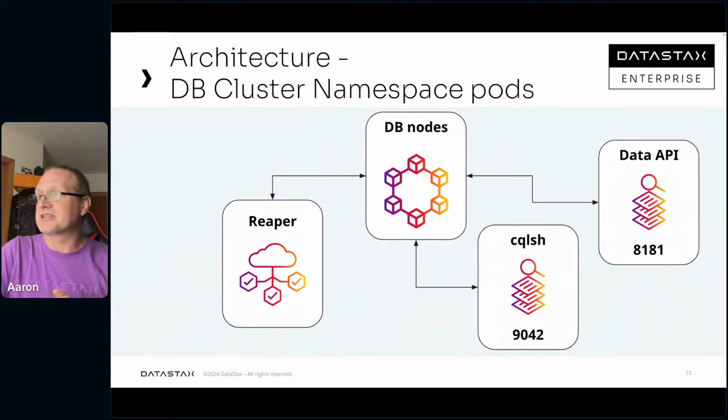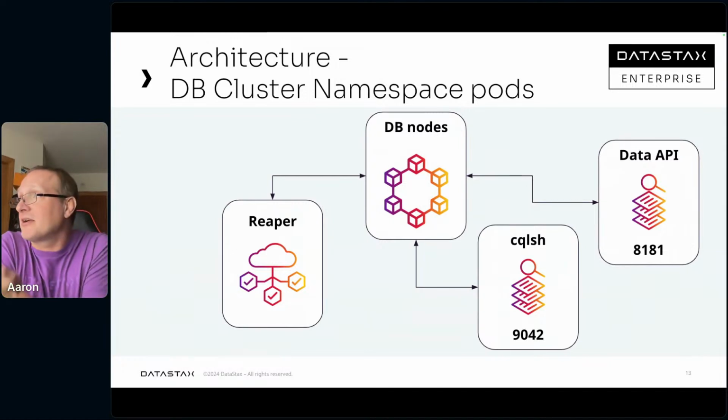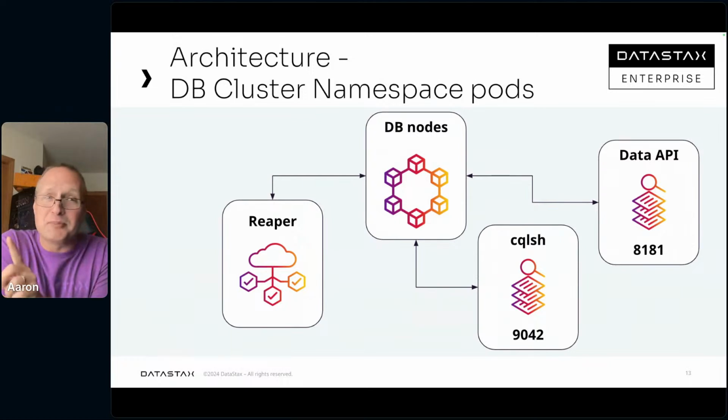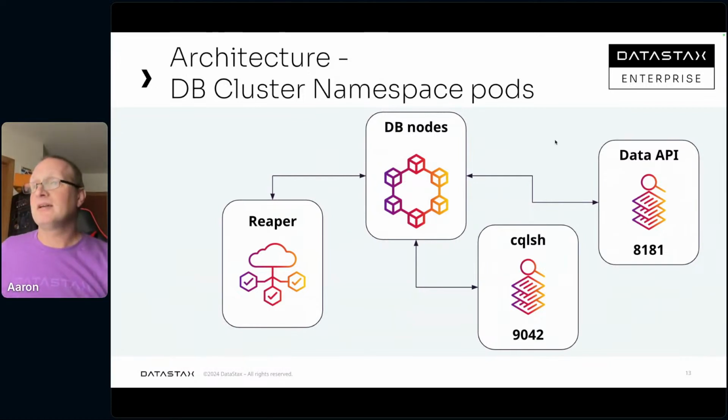You'll also get pods for Cassandra Reaper, which helps with repairs, one for the CQL shell process, and if you deploy DSE or HCD, you'll get the DataStax Data API deployed along with it. So those are the pods that you get running.